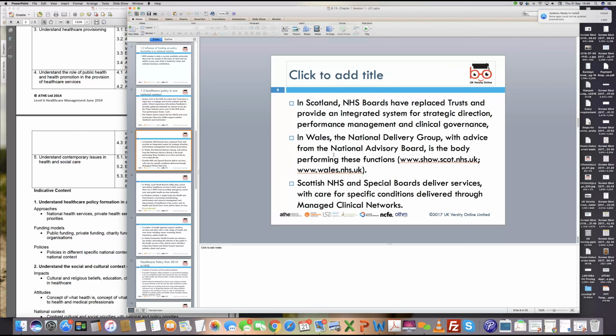They do not have PCTs; they have something called NHS boards, and these boards are equivalent to what the PCTs do in terms of setting the direction and managing the review and performance of the hospitals, GP surgeries, and things like that.